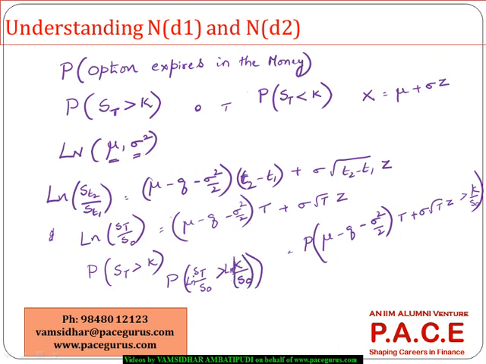Let me write it again. I need to find the probability that mu minus q minus sigma squared by 2 times t plus sigma root t times z is greater than log k by s0.